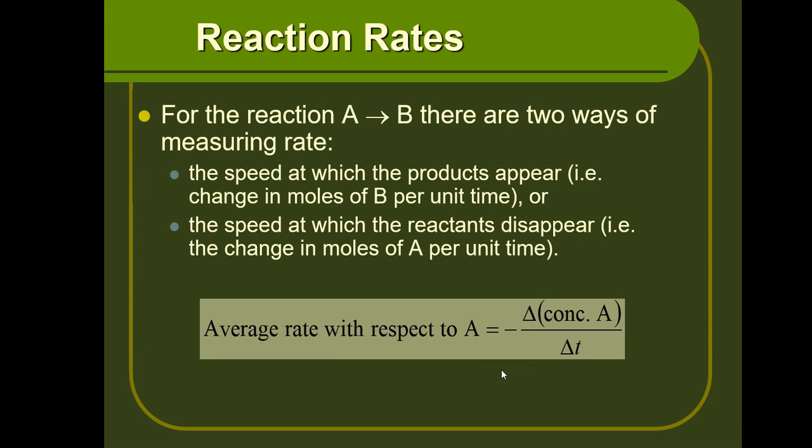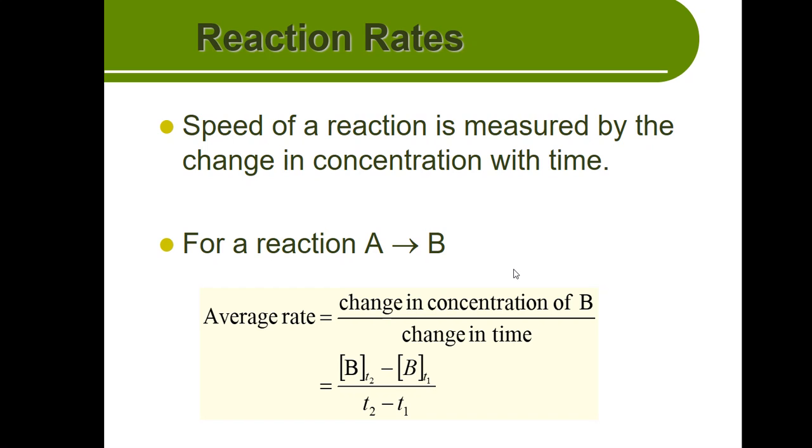Now, if we want to express it in terms of A, the difference is the negative sign that we see on the rational expression written on the right side of the equation. You still have delta here representing change, but this time you use the change in the concentration of reactant A and the time elapsed for that particular change in the concentration of A. So the first one is positive because it's expressed in terms of the product.